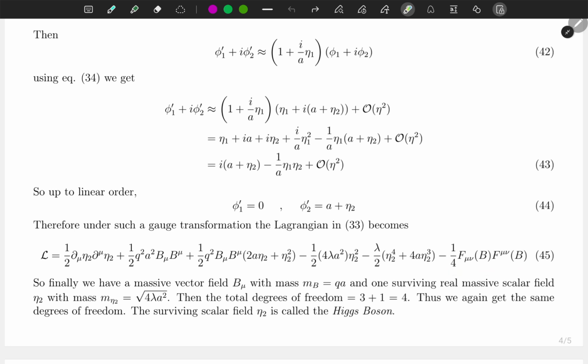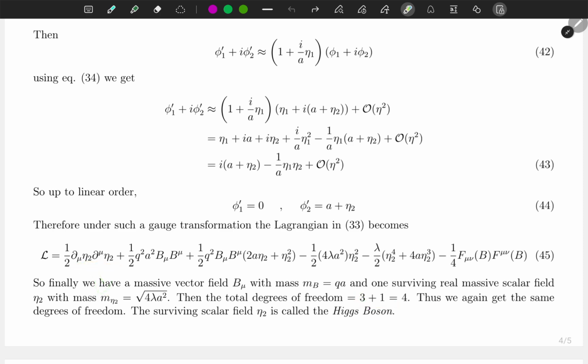So what do we finally get? Finally we have a massive vector field b mu with mass qa, and one surviving real massive scalar field eta 2 with mass root 4 lambda a squared. Then the total degrees of freedom. Now see, there is one massive vector field b mu, so degrees of freedom is 3, and one scalar field eta 2, so degrees of freedom is 1, so total degrees of freedom is 4.